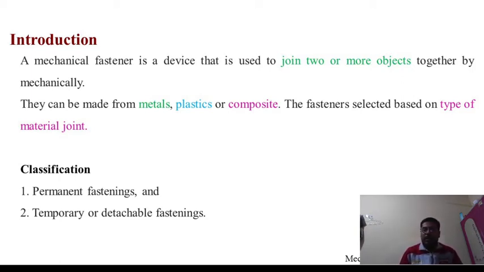The first one is permanent fastening, the second is temporary or detachable fastening. Permanent fastening means a fixed fastening.